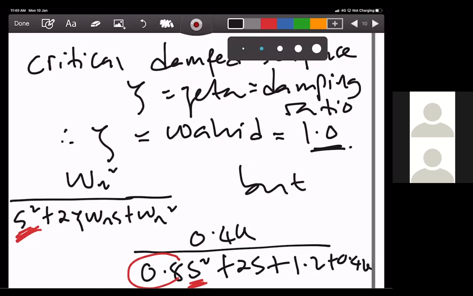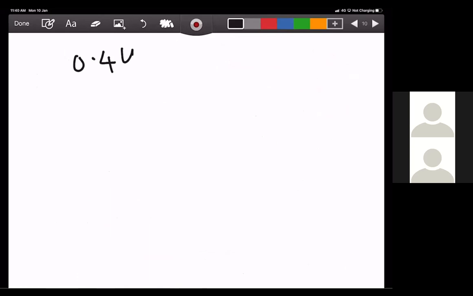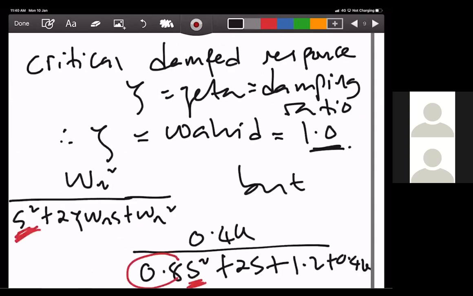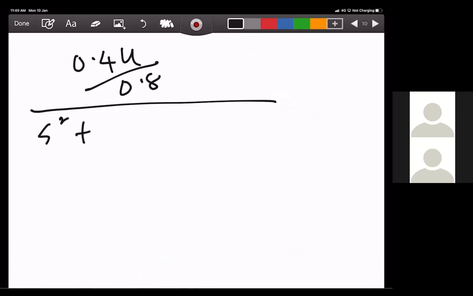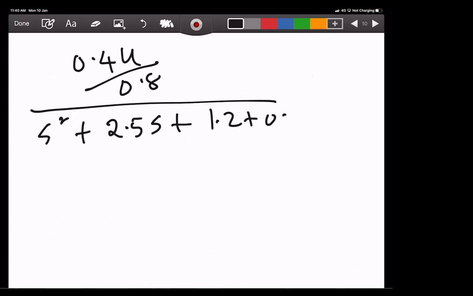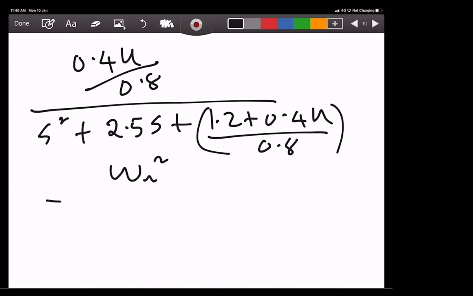Divide by 0.8. So 0.4K divided by 0.8, s square, 2 divided by 0.8 is 2.5, s plus 1.2 plus 0.4K divided by 0.8. Then we can compare with the standard form.